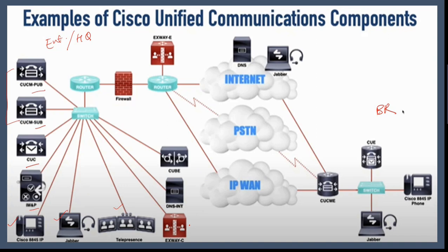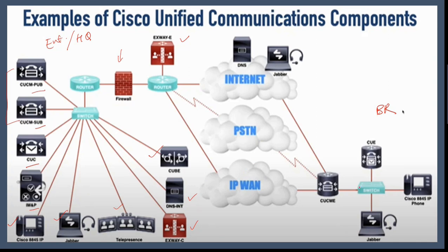We have Expressway C and Expressway E, DNS if required, and CUBE and border element, which we will talk about in this course also. We have a firewall for security, for filtering the traffic. Then we have different types of connections to the branch: internet, PSTN, and IP WAN.